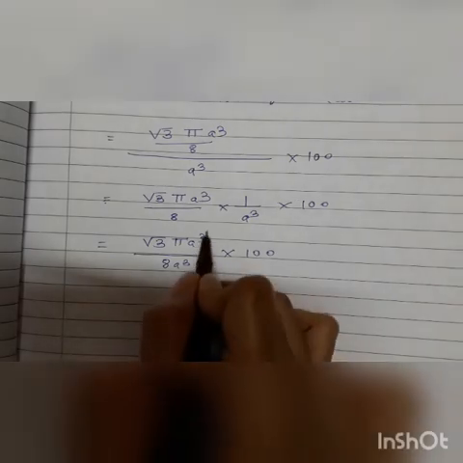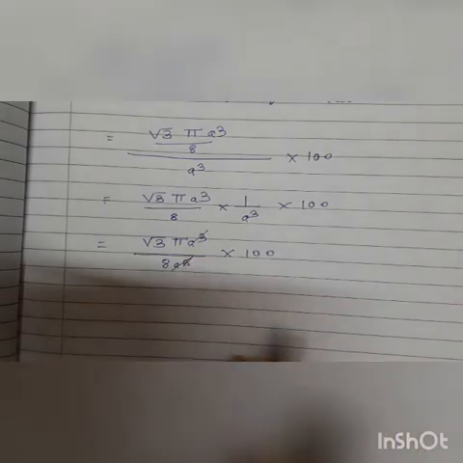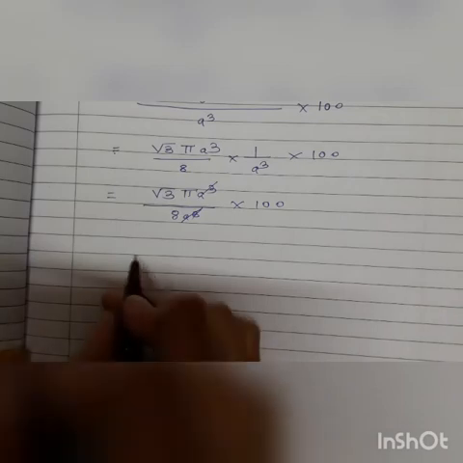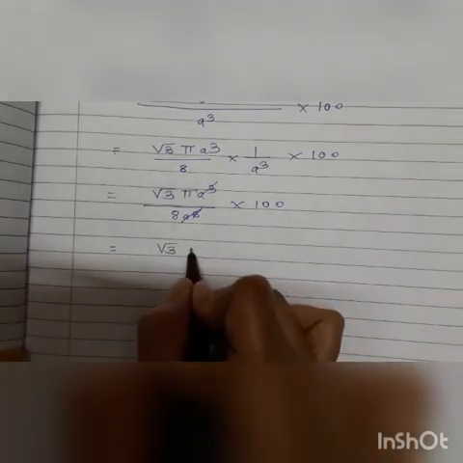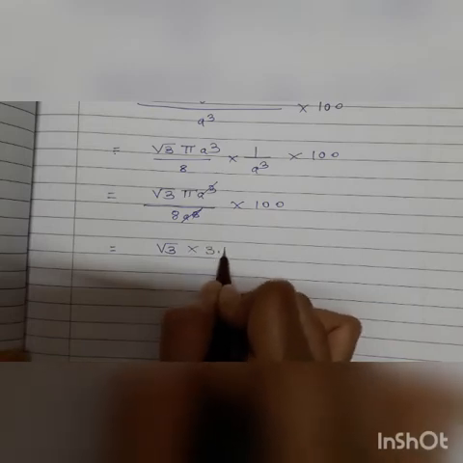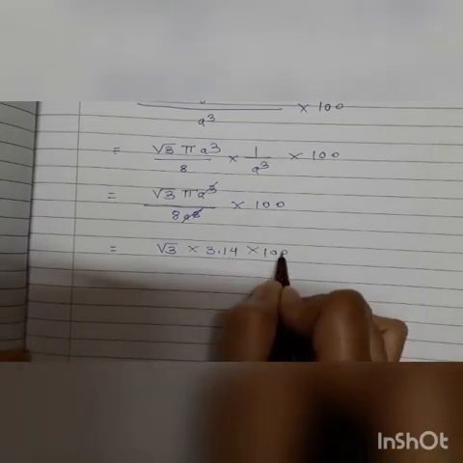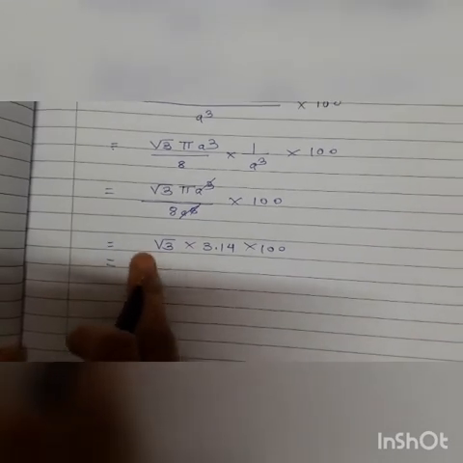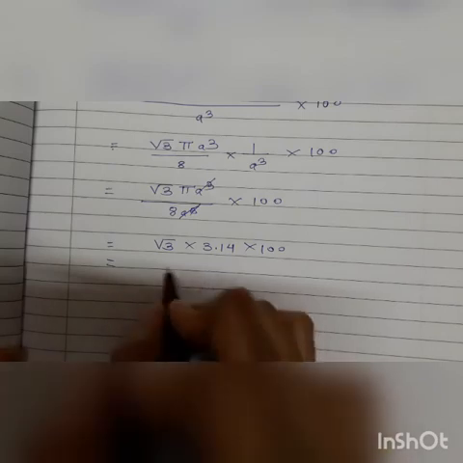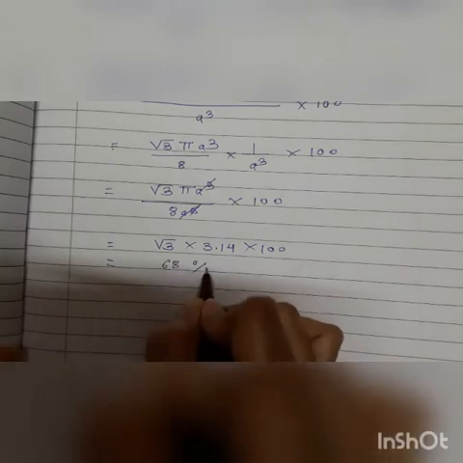Understand? Now this a cube will get cut. So root 3 pi, what is the value of pi? 3.14 you can take, multiplied by 100. And you can take the value of root 3, and when you multiply these three numbers you will get 68%. You can try this on calculator.